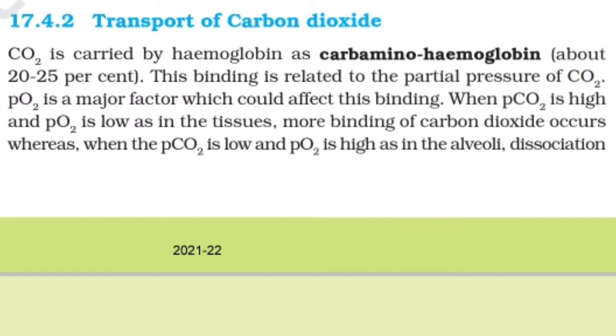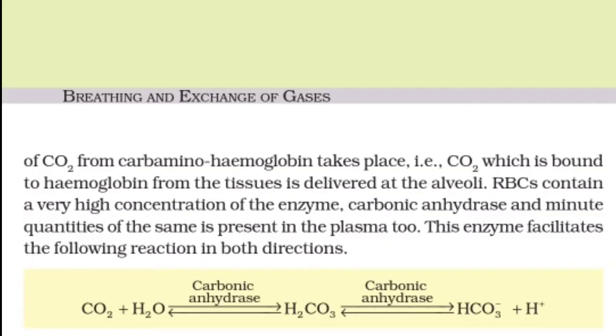When partial pressure of CO2 is high and partial pressure of O2 is low, as in the tissues, more binding of carbon dioxide occurs, whereas when the partial pressure of CO2 is low and partial pressure of O2 is high, as in the alveoli, dissociation of CO2 from carbaminohemoglobin takes place, that is, CO2 which is bound to hemoglobin from the tissues is delivered at the alveoli.